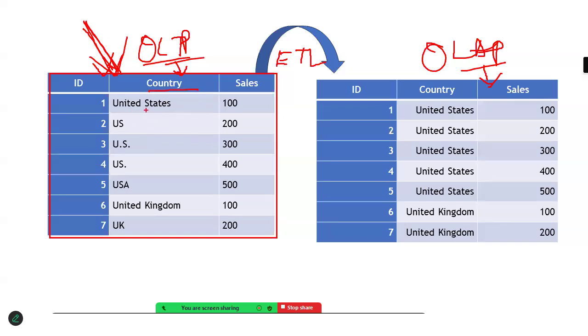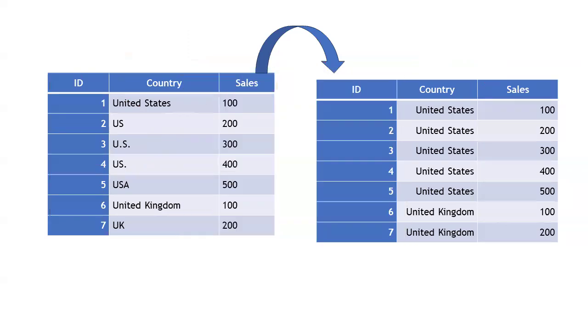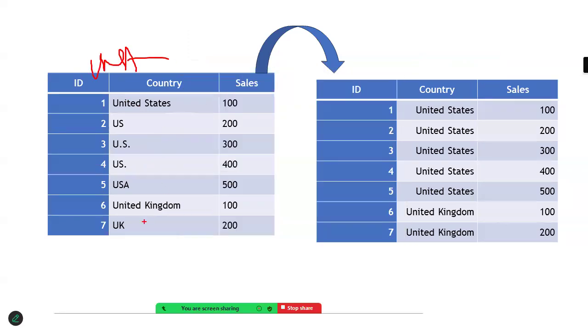See, one person entered the country name as United States. A second person entered the country name as US. A third person entered U.S. or USA. Each person inputs the data differently. Just imagine, guys, country names in different formats. I can call this data unstructured.